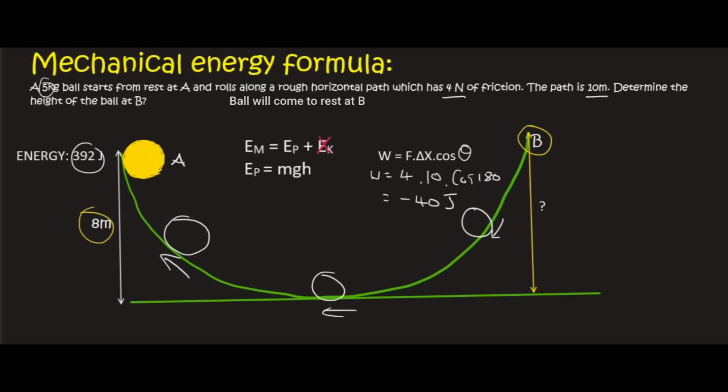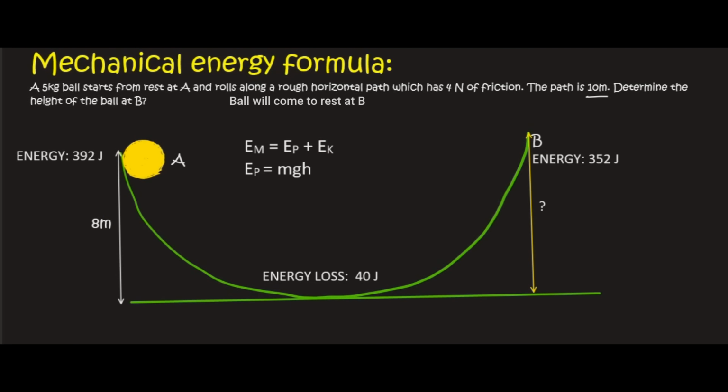It has 392 joules at the beginning, so if you minus 40, it means that at B it would have 352 joules of energy. And so at point B, that's the highest point that it would reach. We know that its mechanical energy is 352 because it started with 392, it lost 40, and so whatever's left over is 352.